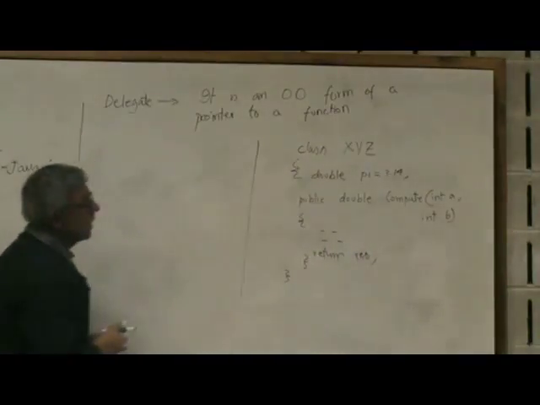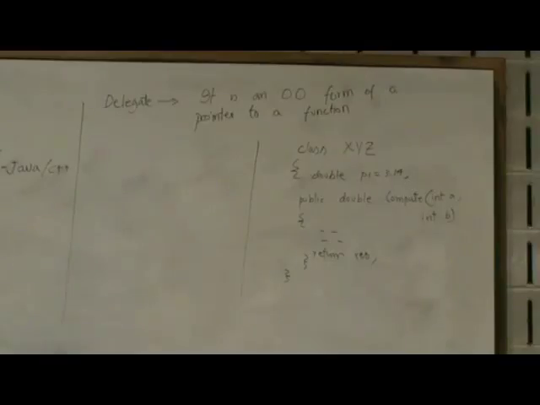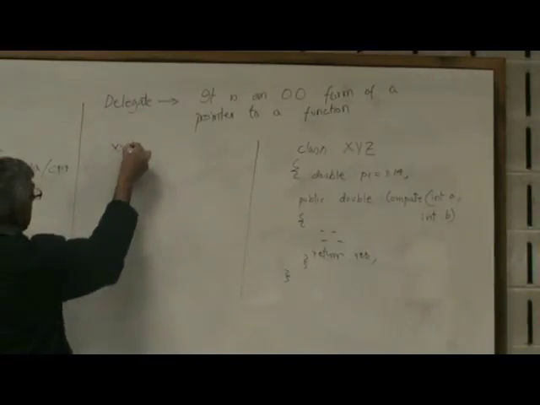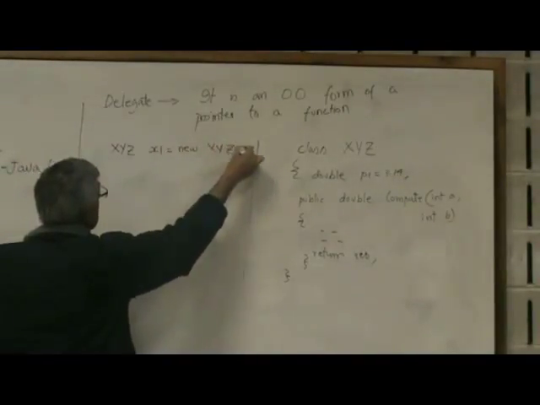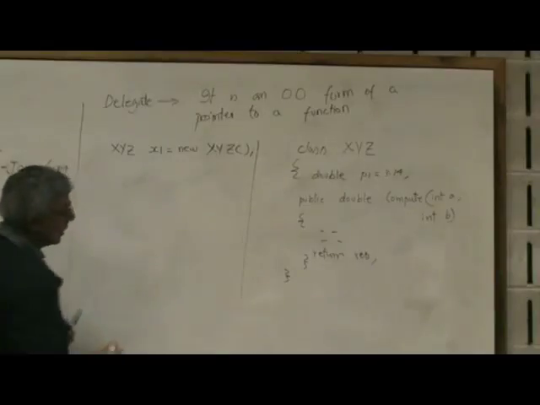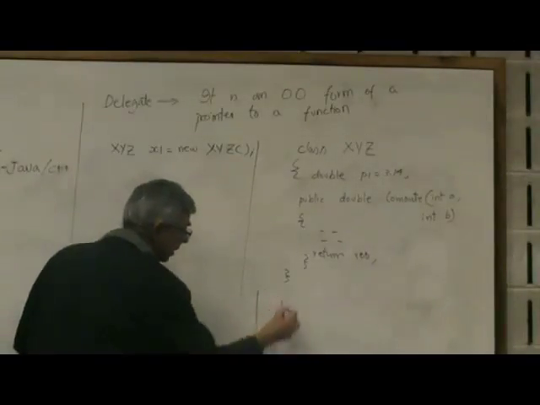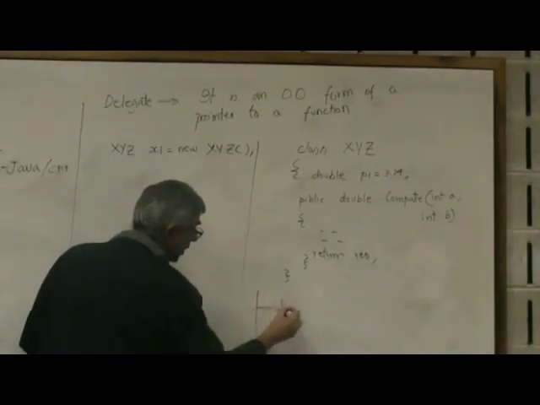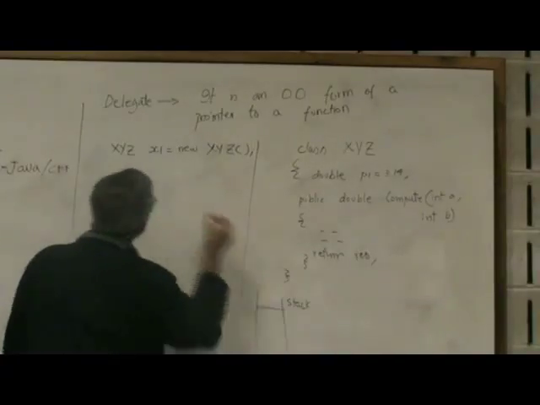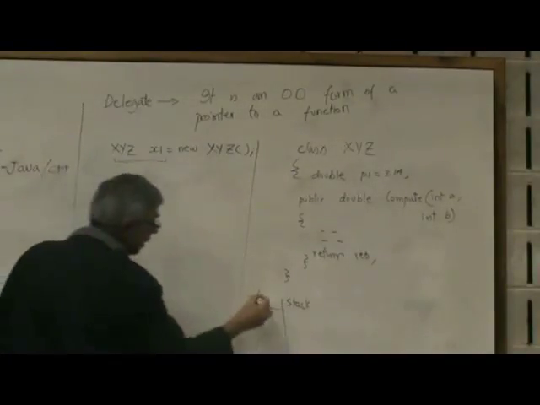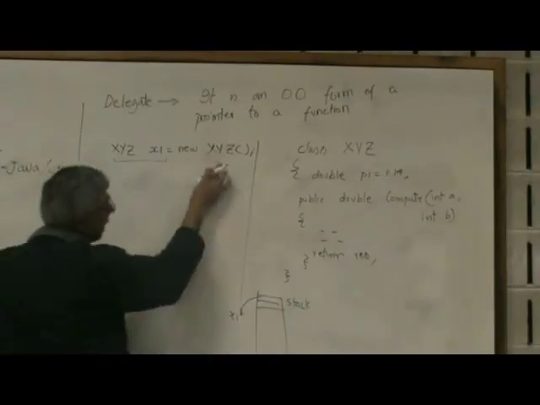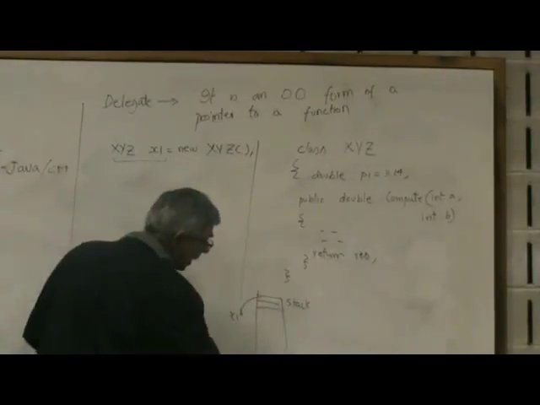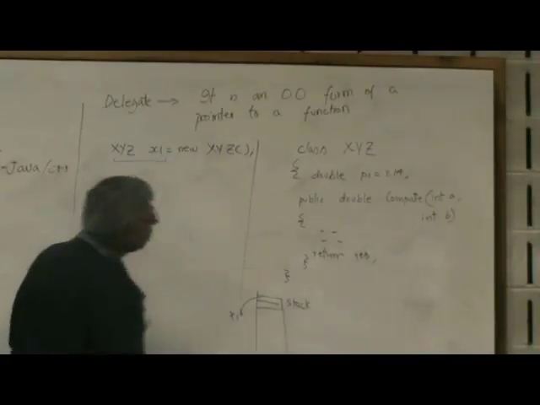The memory for pi is not allocated until we create an object of the class. As soon as we say XYZ x1 equal to new XYZ, the computer will go to the stack area, create a reference called x1, then new XYZ, so how much memory will it allocate in the heap in this example?